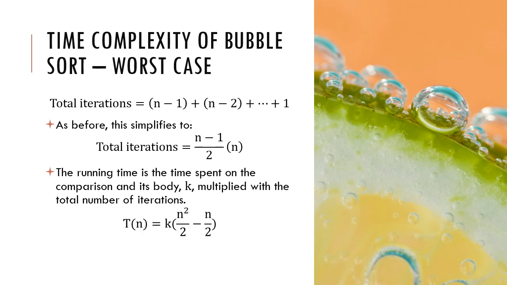So T(n) is k times n squared divided by 2 minus n divided by 2. And from here we can deduce that the worst case of bubble sort is O(n squared), which was the same as the best case of bubble sort.